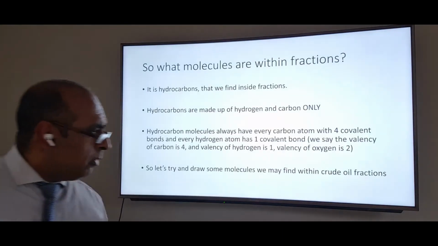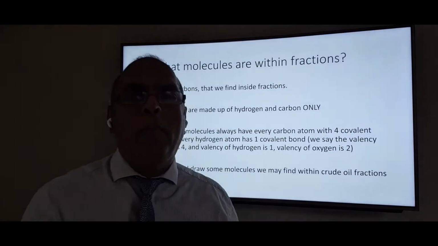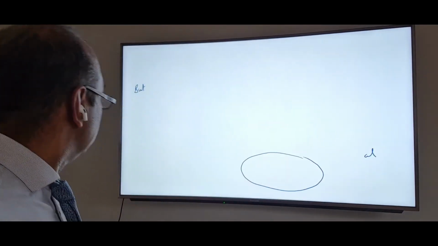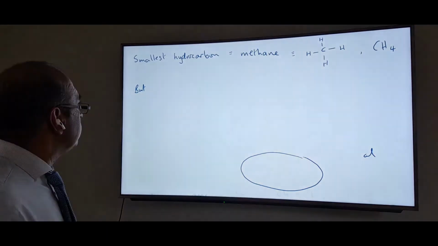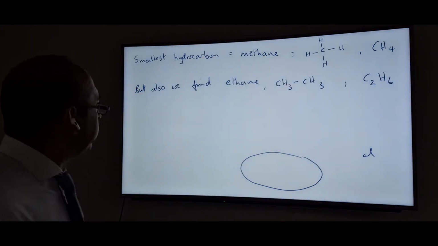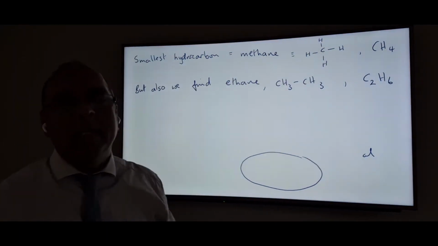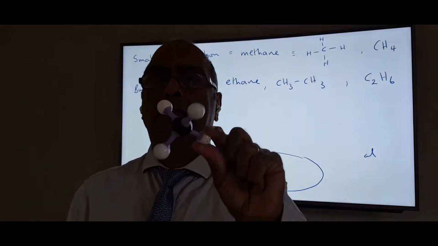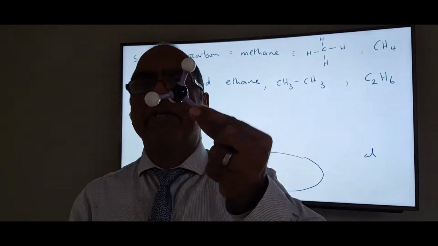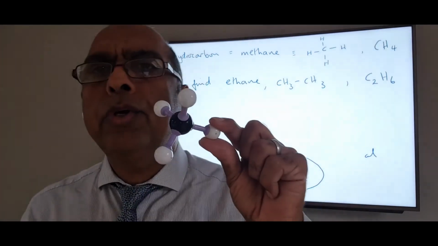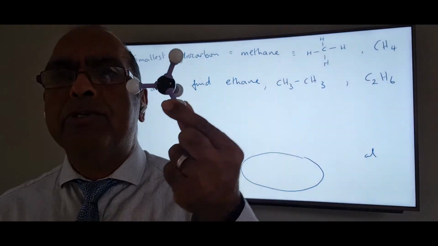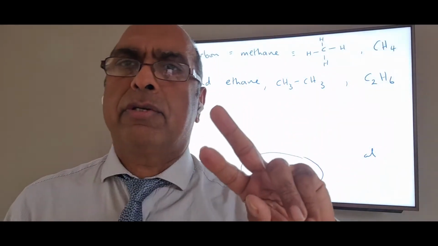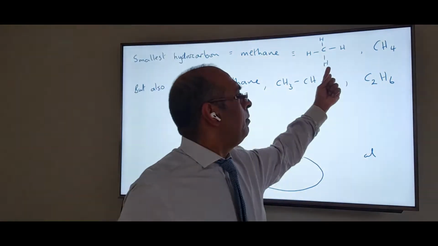So let's try and draw some molecules that we might find. So what molecules might you find within fractions? Right, I think this is me writing. So the smallest hydrocarbon. Now, this is a point I want to make. If you've got this, 1 carbon, 4 hydrogens as a molecule, how do you show a 3-dimensional shape on paper, which is 2 dimensions? And we might do that.